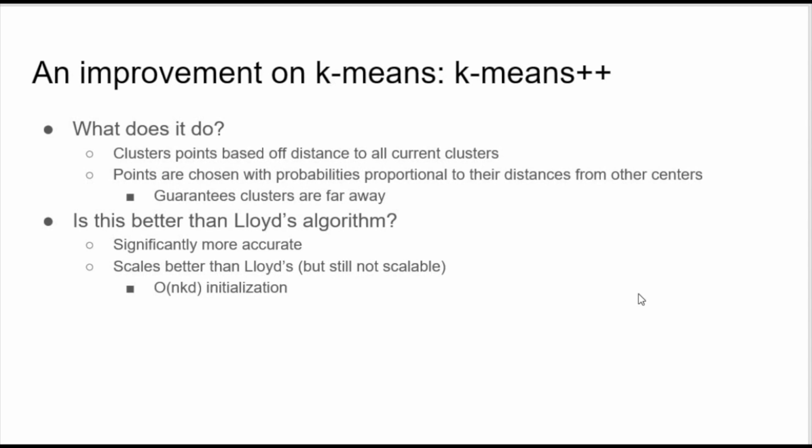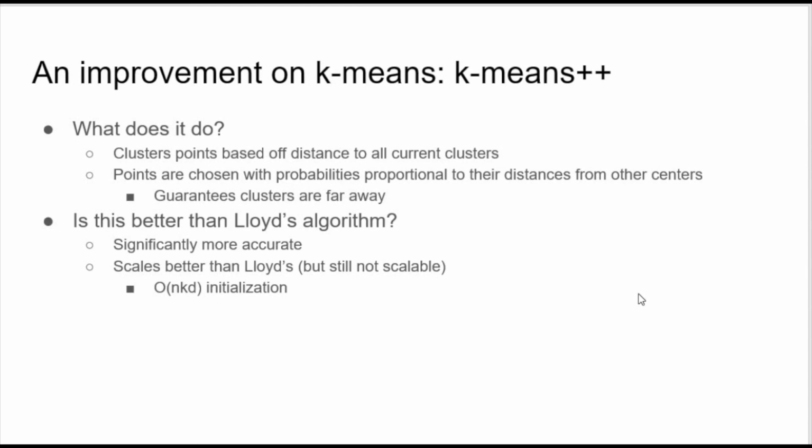So what does k-means++ do to improve runtimes? It picks centers based on distance from the dataset to all other centers, which ensures that centers are likely to be far away from each other, which should lead to more accurate initialization. Of course, the question now is: is it actually better than Lloyd's algorithm with random initialization?